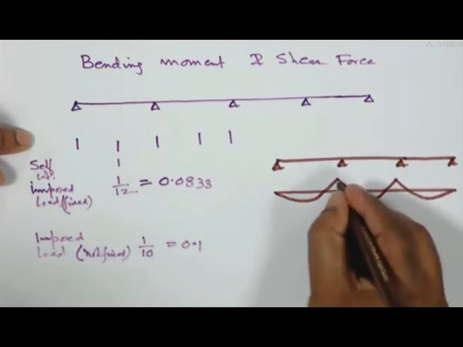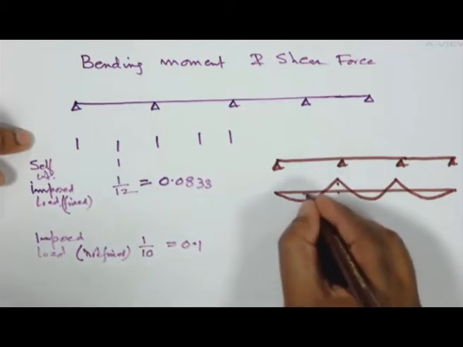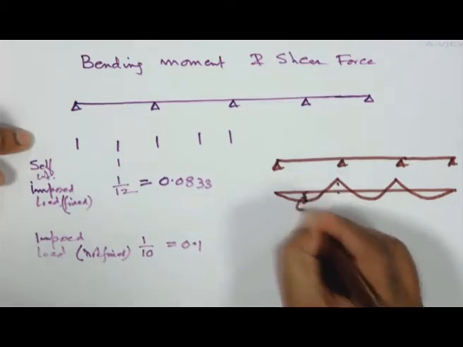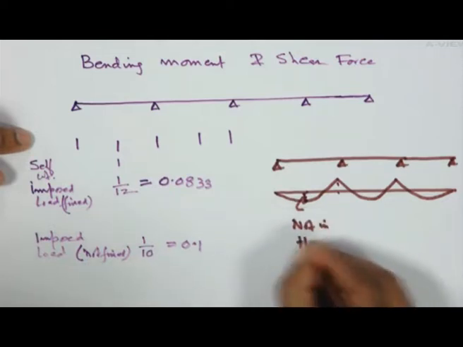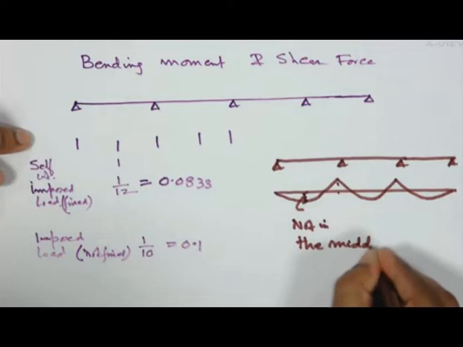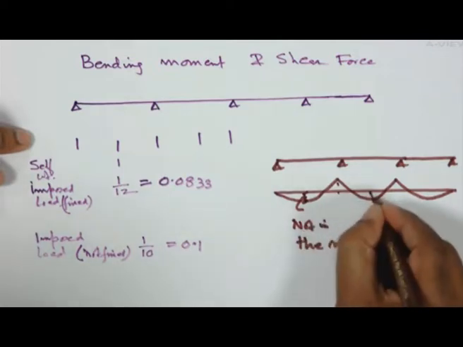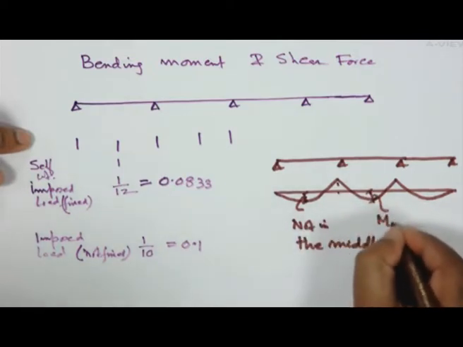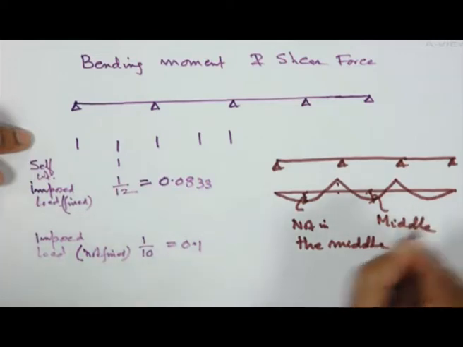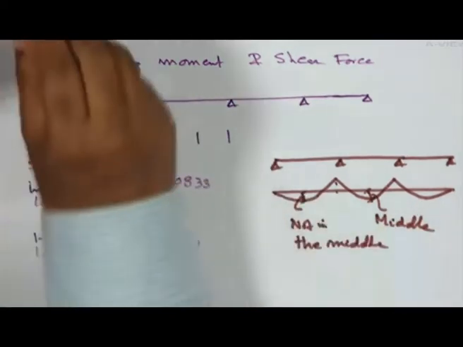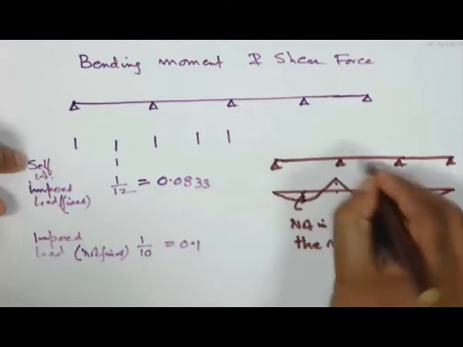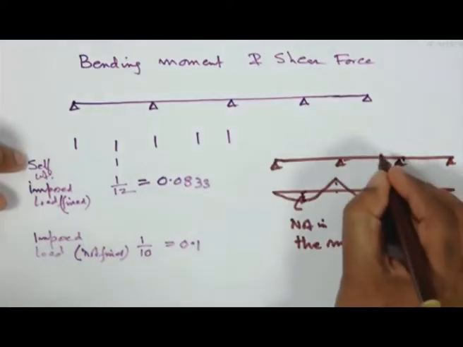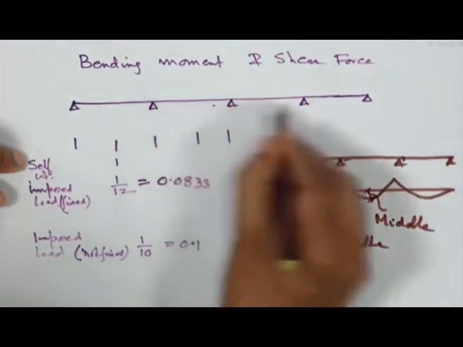So this is your support, but this one will not be in the middle. But here this one will be at the middle. So that's why we call it the near middle of end span. We consider this your end span, this your intermediate span, in this case. Whereas here we can consider this one intermediate span like that.